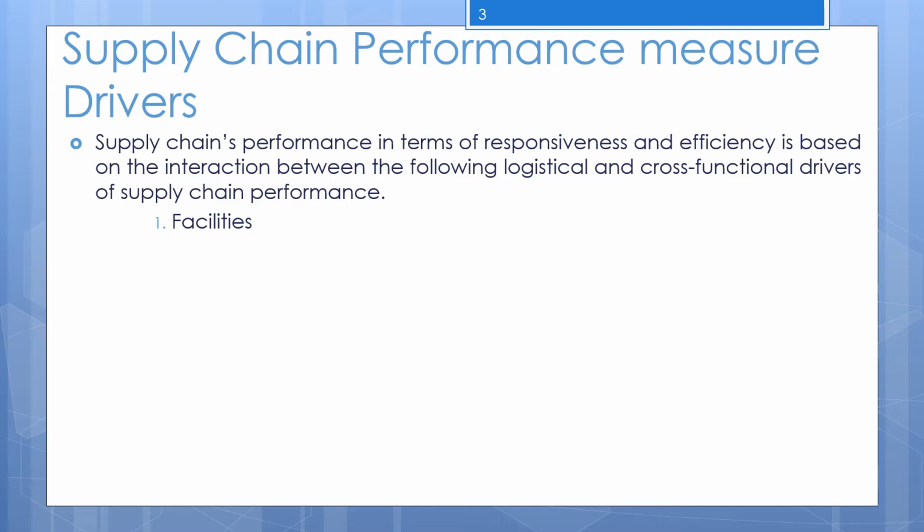There are several performance measure drivers, out of which the facility is one important driver. Let us discuss the role facilities play in the supply chain, as well as critical facility related decisions that supply chain managers need to make.